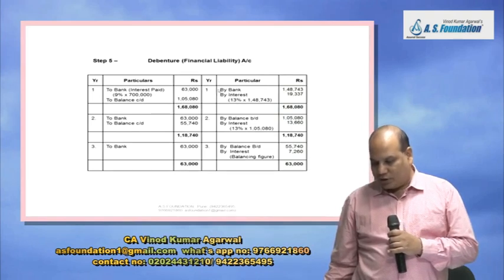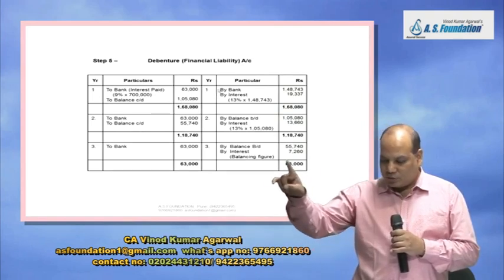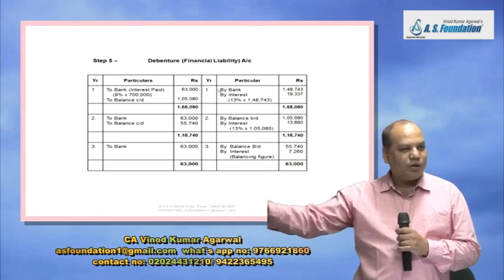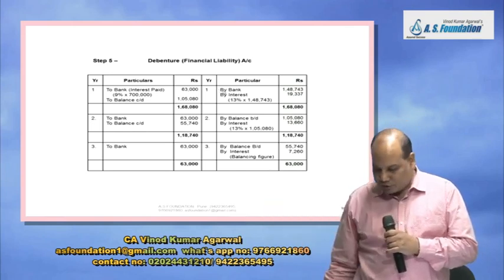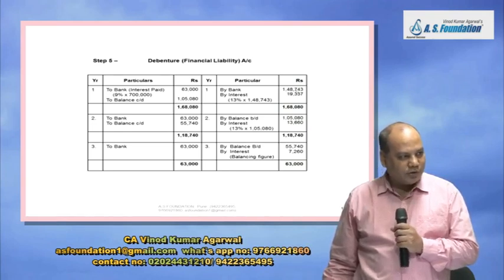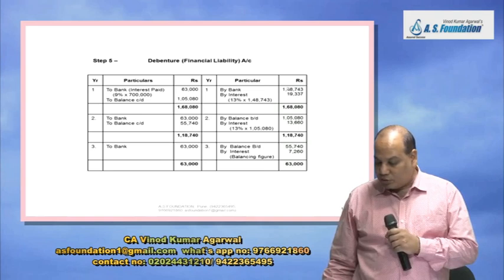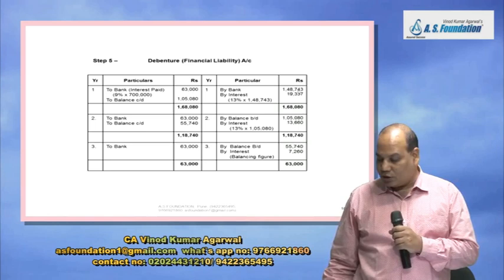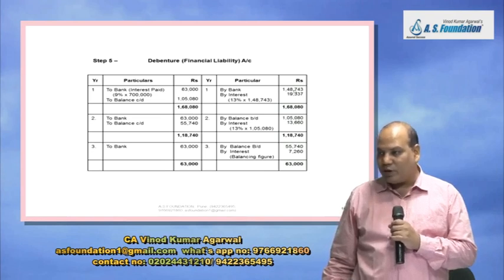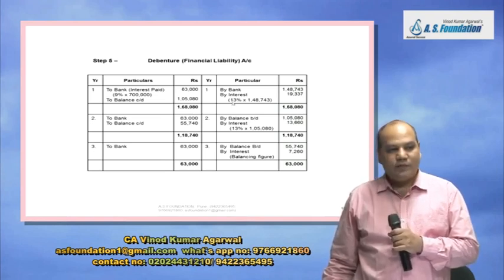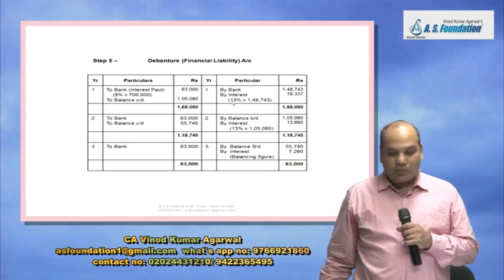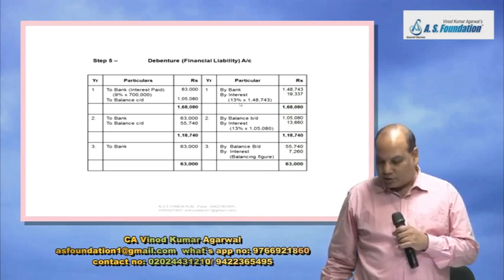First entry will be, you have written the entry bank account debit to debenture financial liability and to equity account. So this is that first entry by bank 148,743. Is it right? We are going to calculate interest on this amount. This is what interest we are going to recognize in the profit and loss. So by interest, opening balance of liability into effective interest rate 13%.